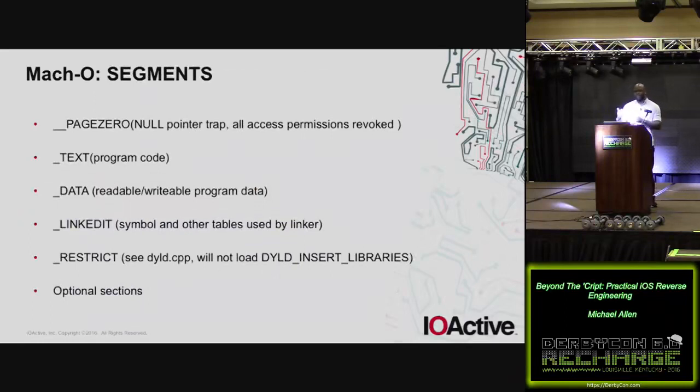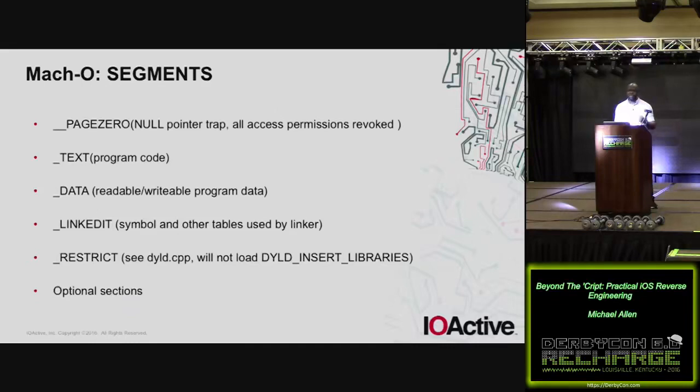You would usually see __PAGEZERO for null pointer traps, and that segment usually has all its access permissions revoked. So for example, on 64-bit architectures, the entire 32-bit space would be dedicated to this, or the first 4 gigs.